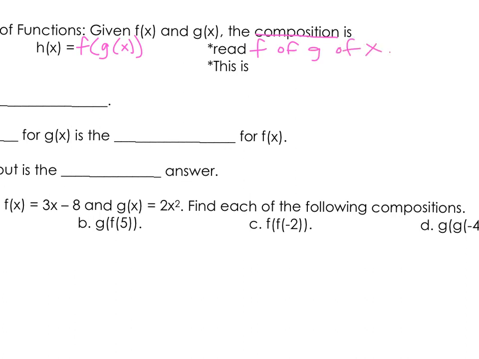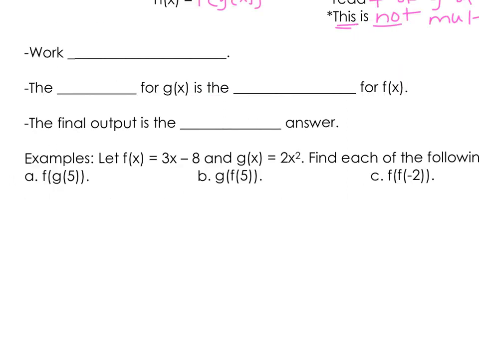One thing that we want to be clear on, this is not multiplication. Composition is different. When evaluating composition, you want to work inside out. What I mean by that is that the inside function is g of x.